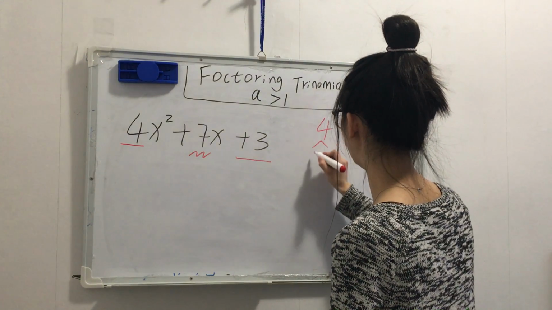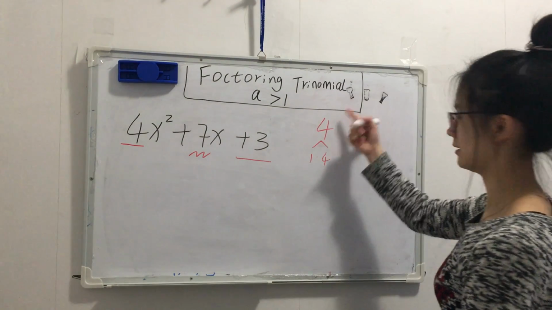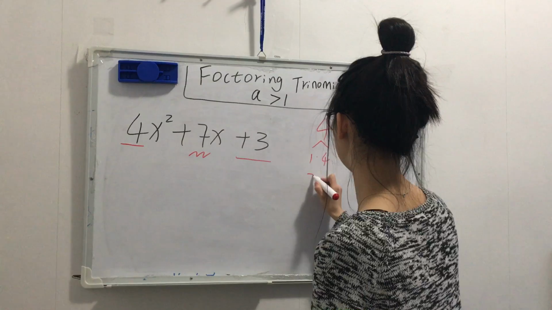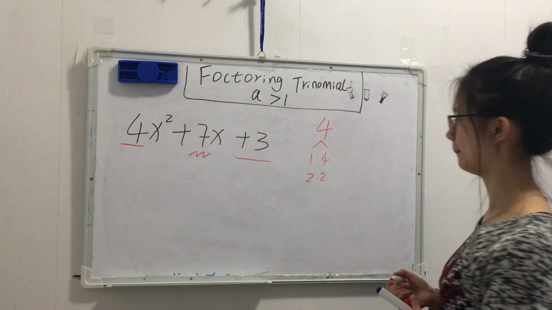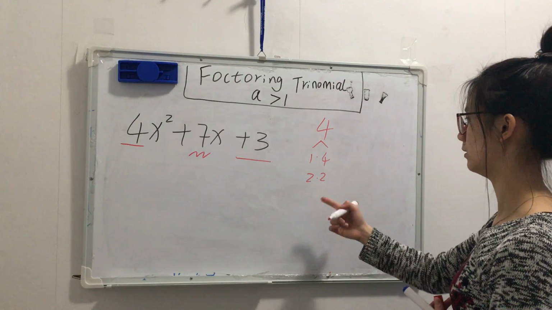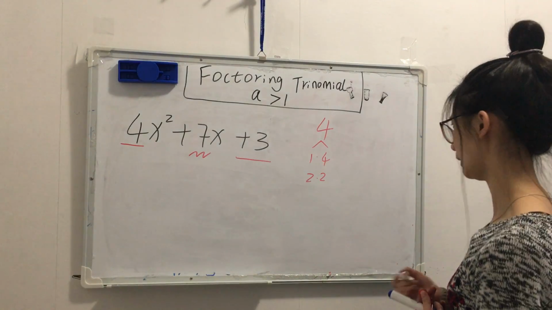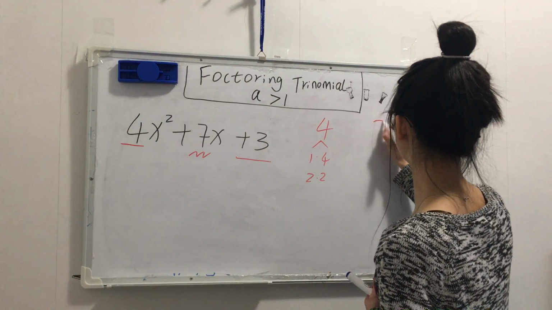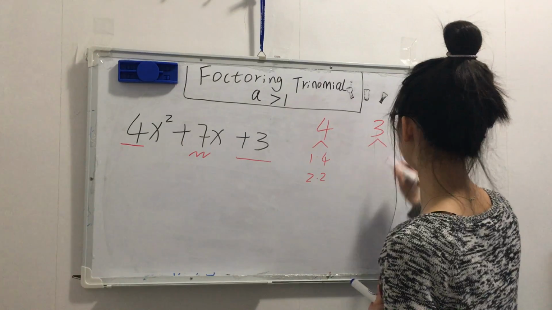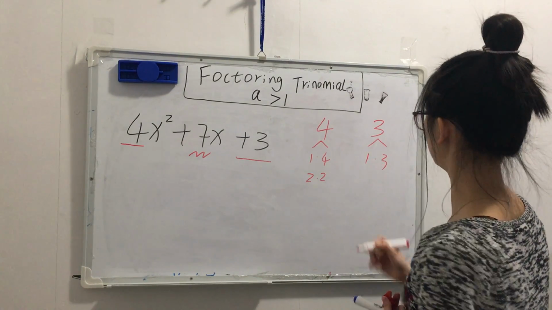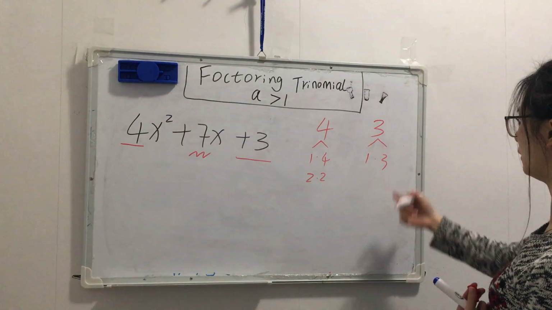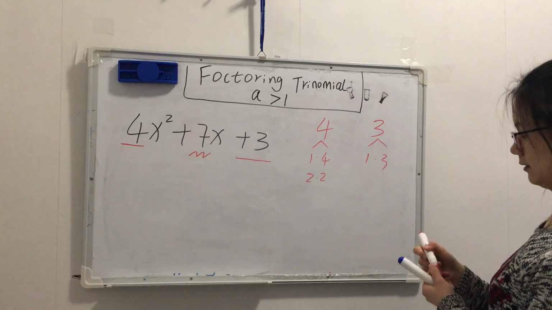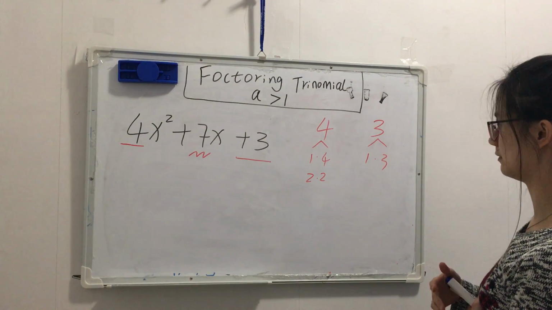We can have 1 times 4, which gives us 4, or 2 times 2, right? So either 1, 4 or 2, 2. Let's try this one. So this 3, then 1 and 3. 1 times 3 is 3, or 3 times 1 is 3. No more other factors, right?